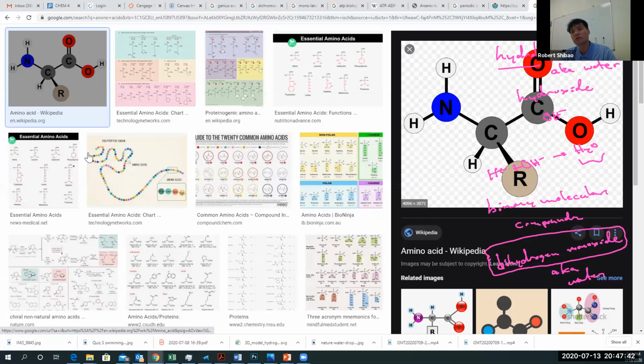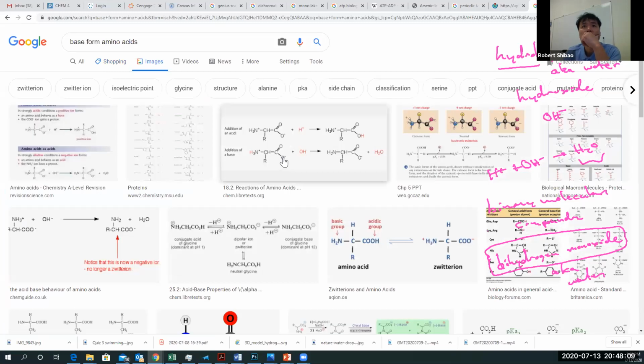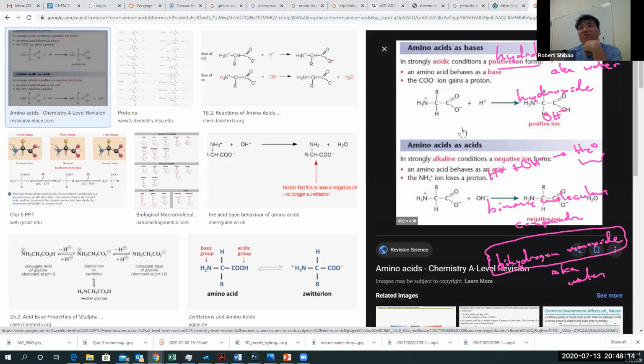We're going to see this structurally when we get into structure a lot more, and this is why we want to understand structure a lot more. Amino acids have different forms. They have the acid form, they have the base form. We call them amino acids as bases, amino acids as acids, because it can go either way.